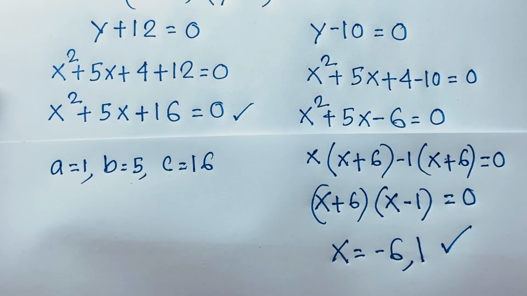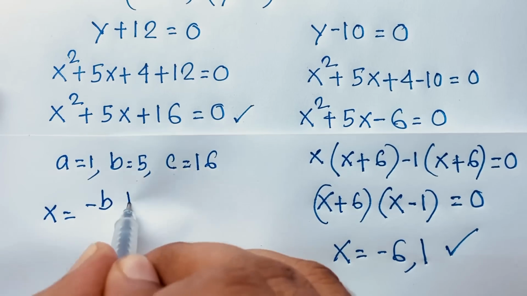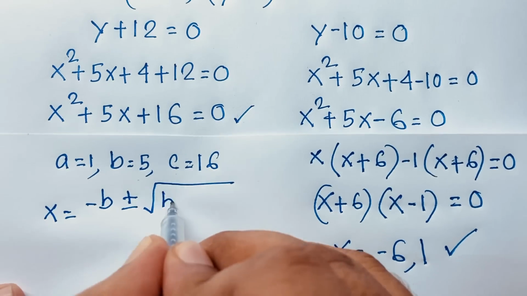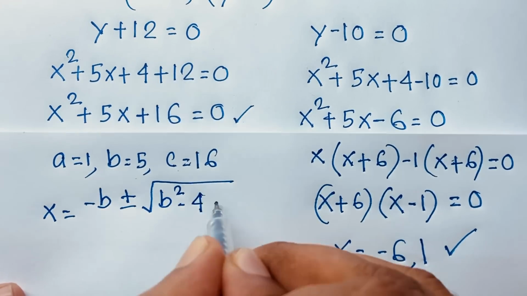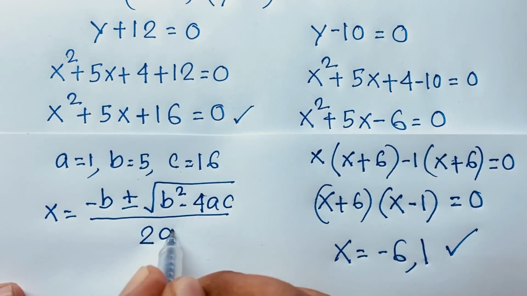Then we know that x will be minus b plus minus square root of b square minus 4ac over 2a.